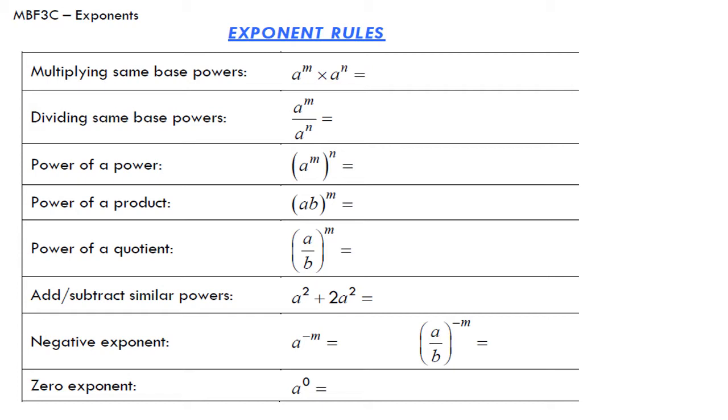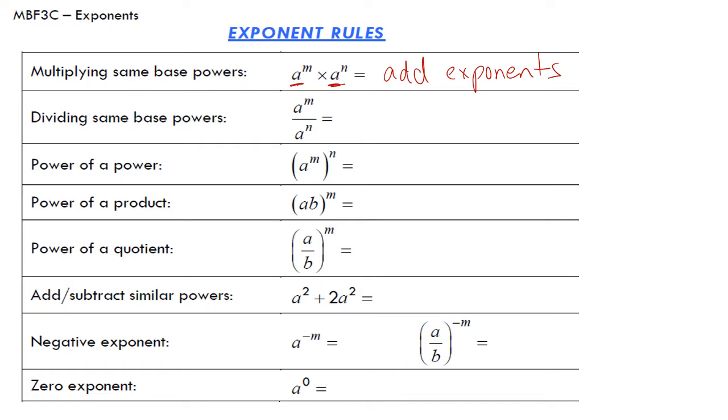So when you multiply the same base, and again, remember the key to this, you can only use these rules when the bases are the same, you add the exponents. So you leave the base the same, add the exponents.